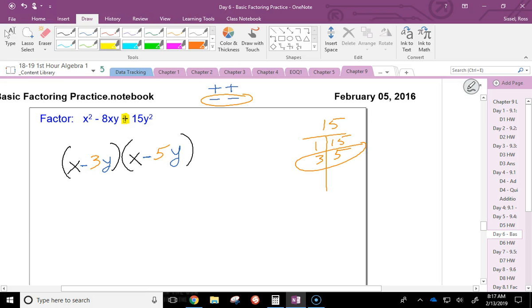Once we decide, I look here. Since B was a negative, it means my 2 signs were negatives. We then went ahead and listed the factors for 15. And we have to find which ones would give me 8.